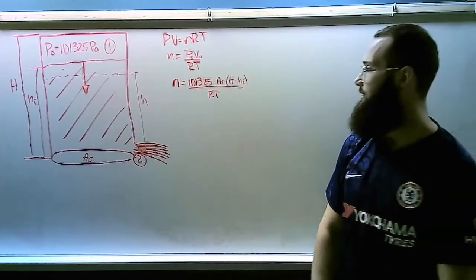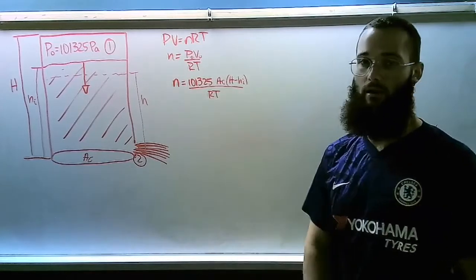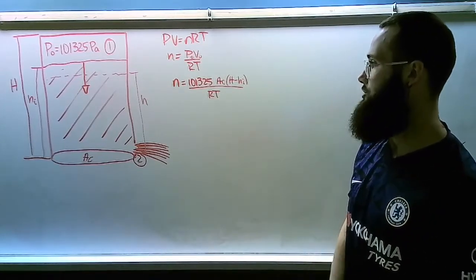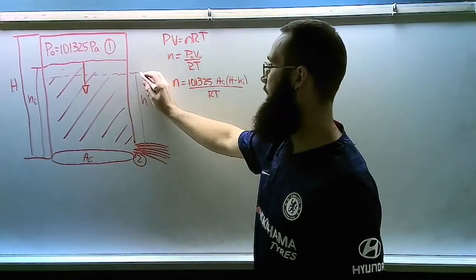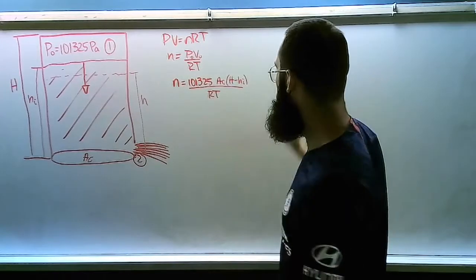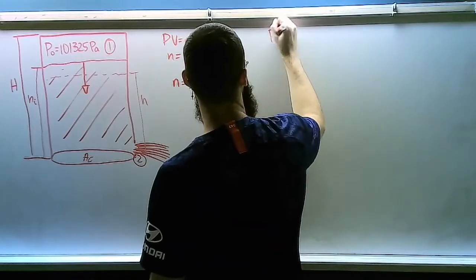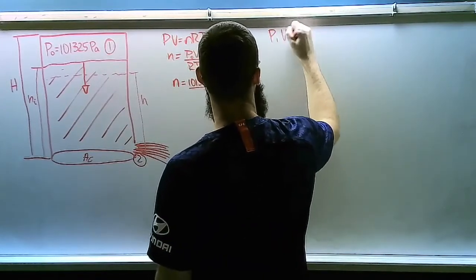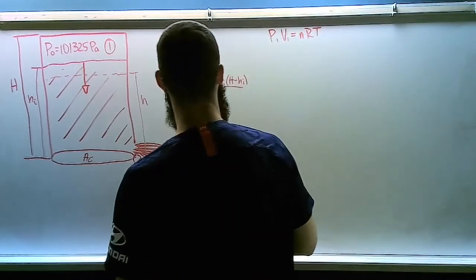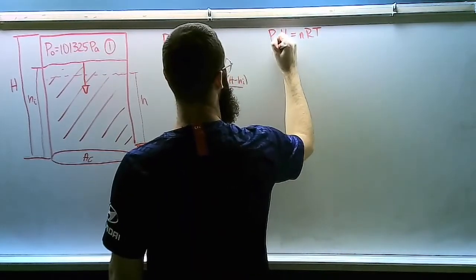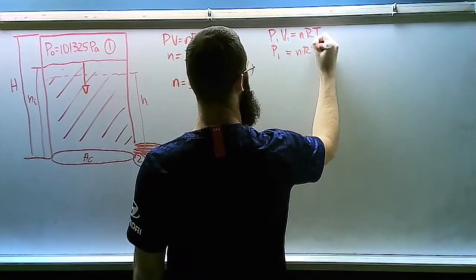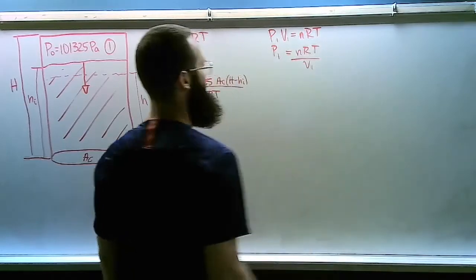And because this doesn't change, we're going to plug it back into the ideal gas equation again, but this time at pressure P1, when the height is not the initial height, once it has dropped some level. So that's going to give us P1 V1 is equal to N RT. So P1 is equal to N RT over V1.